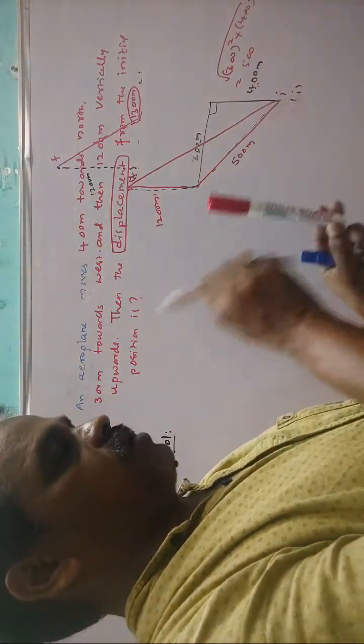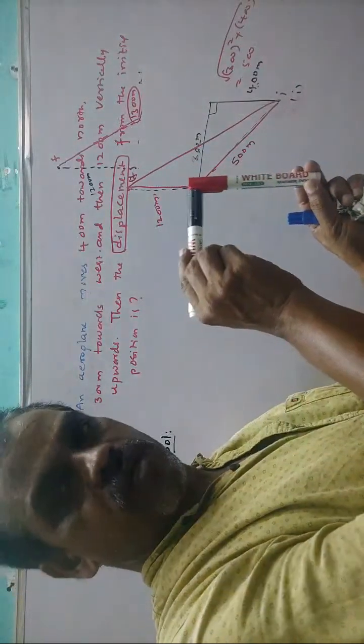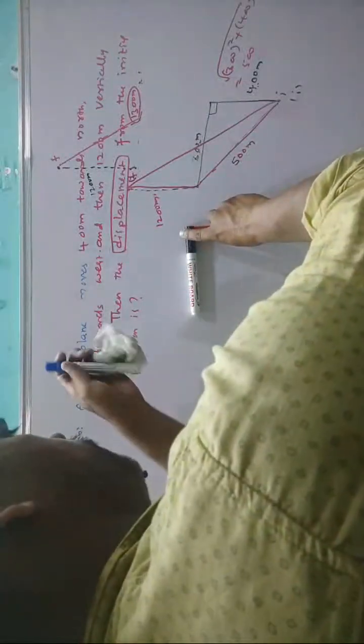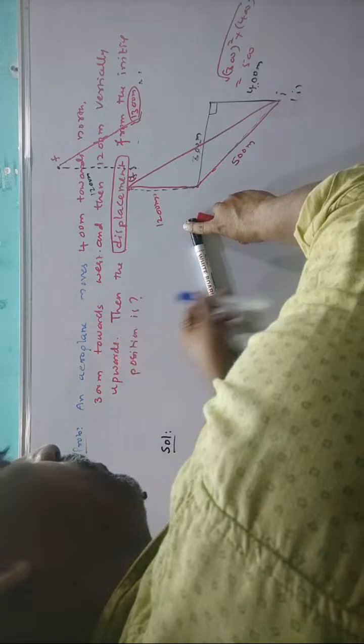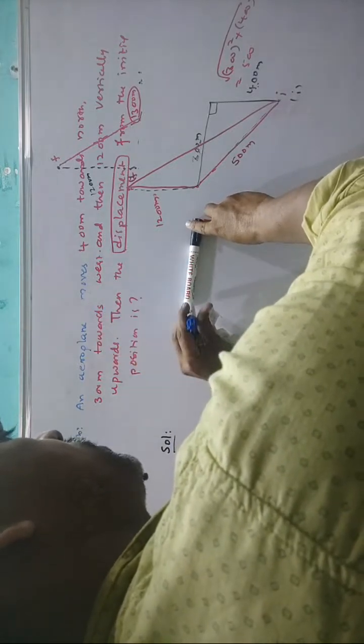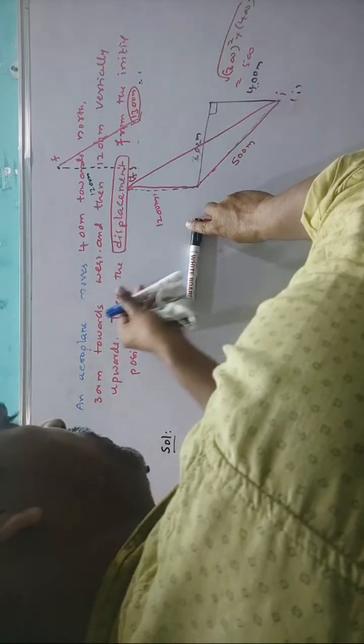It goes up north, then it goes 400 meter. It travels 300 meter. Then here, it went up 1200. So here, like this, otherwise like this. So we have to calculate this.